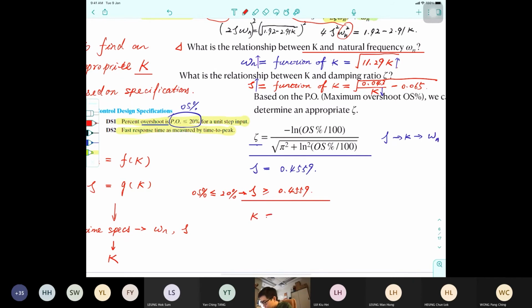Now can you find k? What does k equal, based on this function?